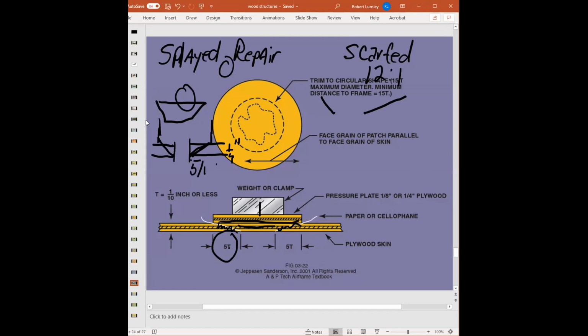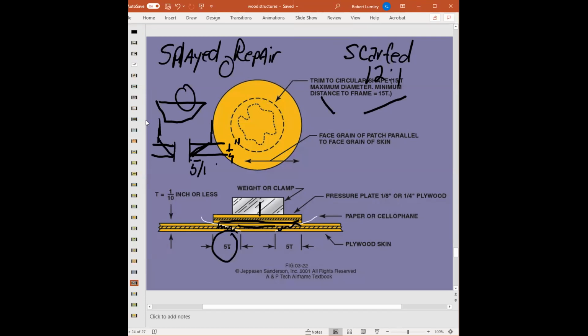First question says laminated wood spars may be substituted for solid rectangular wood spars. And the answer is yes, if the same quality of wood is used in both. So solid spars can be repaired or replaced by laminated wood spars as long as the same quality of wood is used.